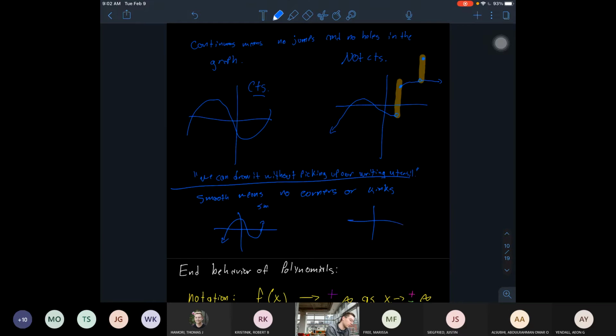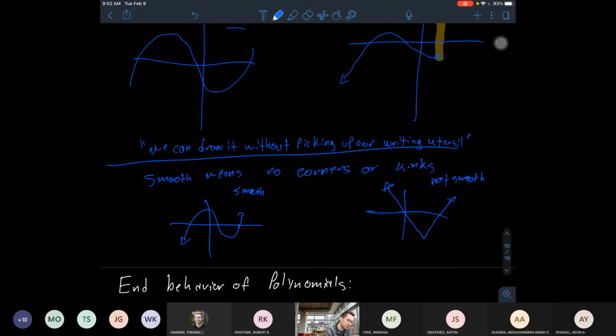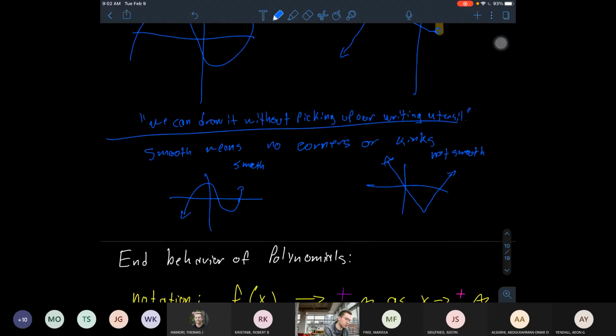So this is smooth. And not smooth would be something like this. Absolute value of something, maybe. Okay, so here's one that's not smooth. And it's not smooth at this point here, where we have a corner.